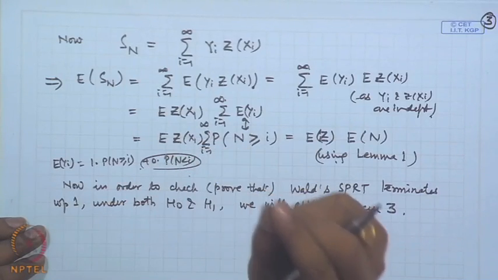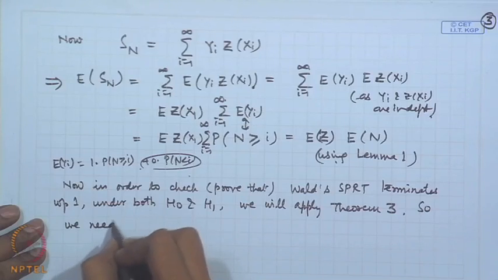In theorem 3, we have said that the probability that modulus z should be greater than 0 is greater than 0. This probability should be positive. That means, we should prove that both under H naught and H 1 the probability of modulus z I should be positive.